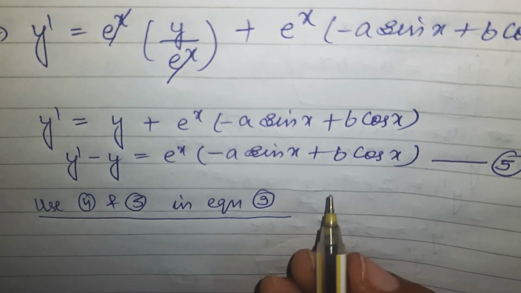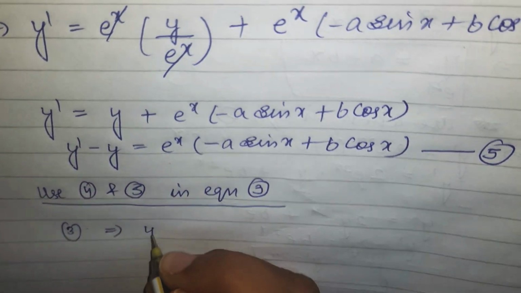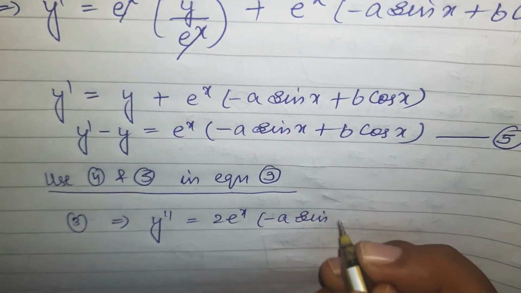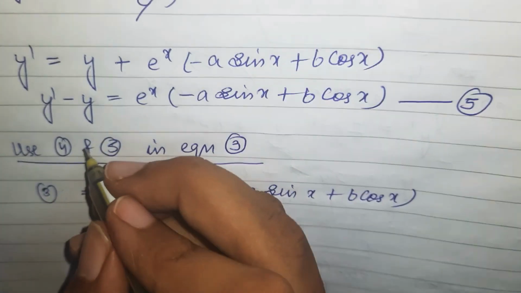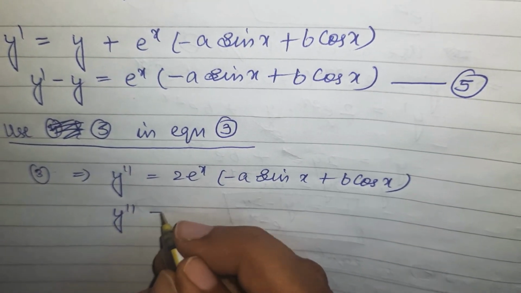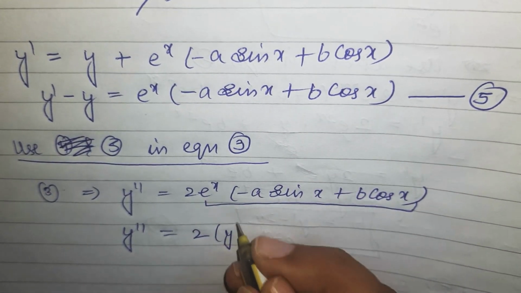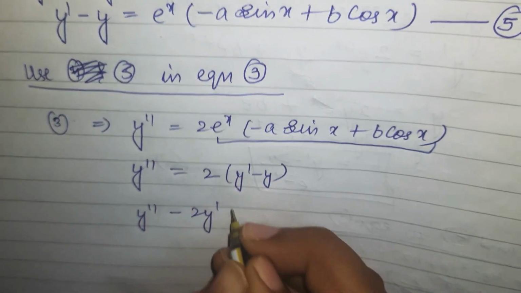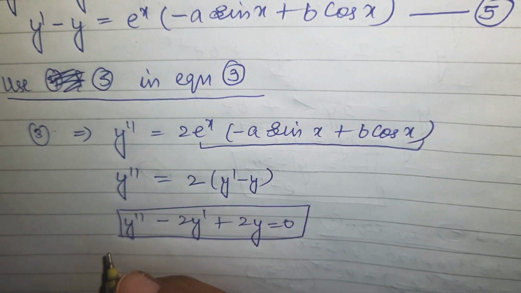Or if I say 4, I need not use it because I have the third equation as this. Third equation is this. So I need to use only 5, nothing else. So I can write use 5 in equation 3. So y double dash is 2, this whole value will become y dash minus y. So the final answer is minus 2y dash plus 2y. So this is your final answer. Now come to the question.